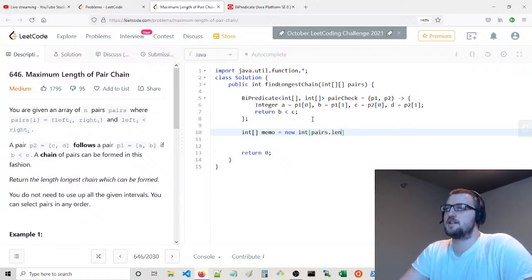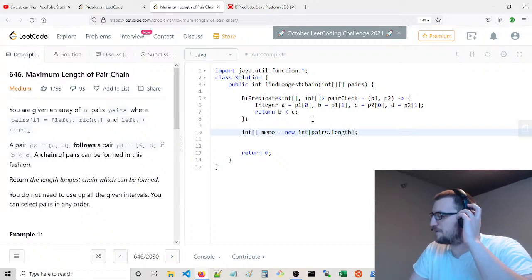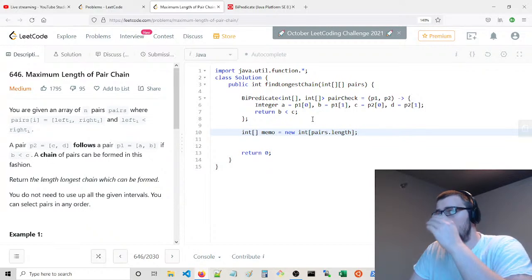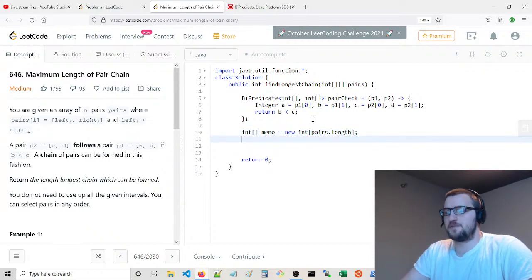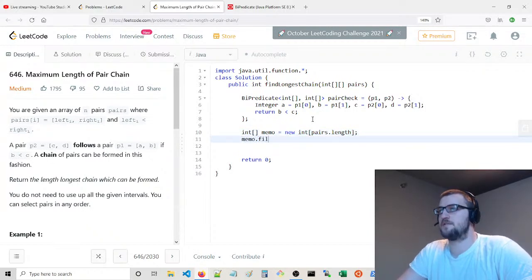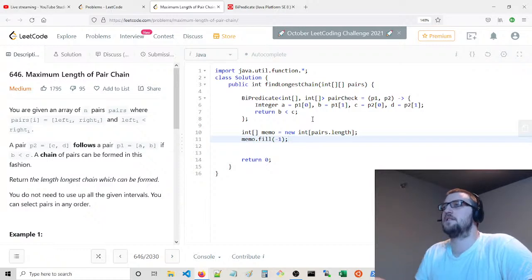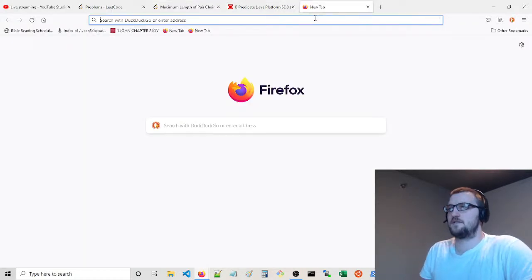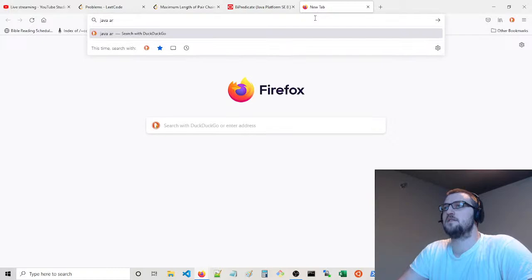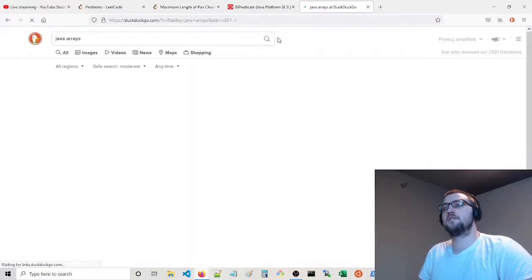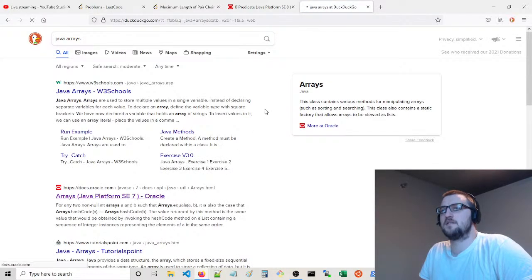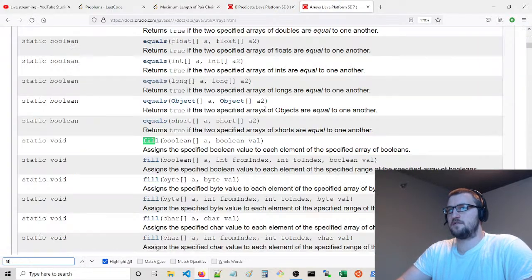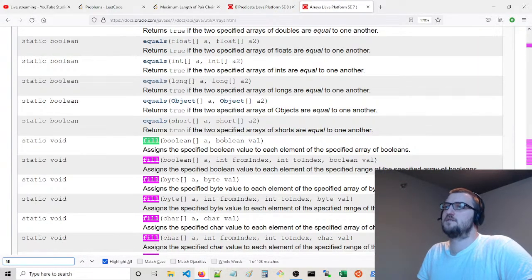I don't recall if it's length or size. I think it's length for arrays in Java. And we're also going to fill this, I think you can do Arrays.fill, so fill with -1, right? Let's see.